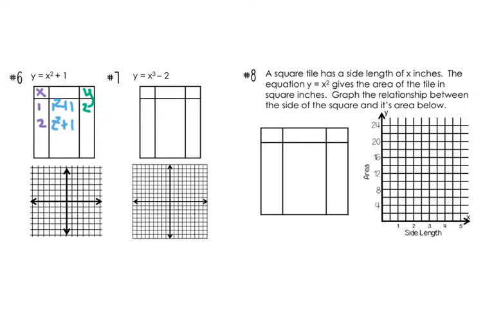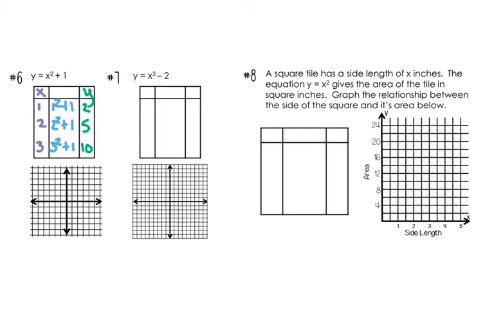So 2 squared plus 1 is 4, 5. Then I'm going to have 3 squared plus 1. So 3 squared is 9. 9 plus 1 is 10.